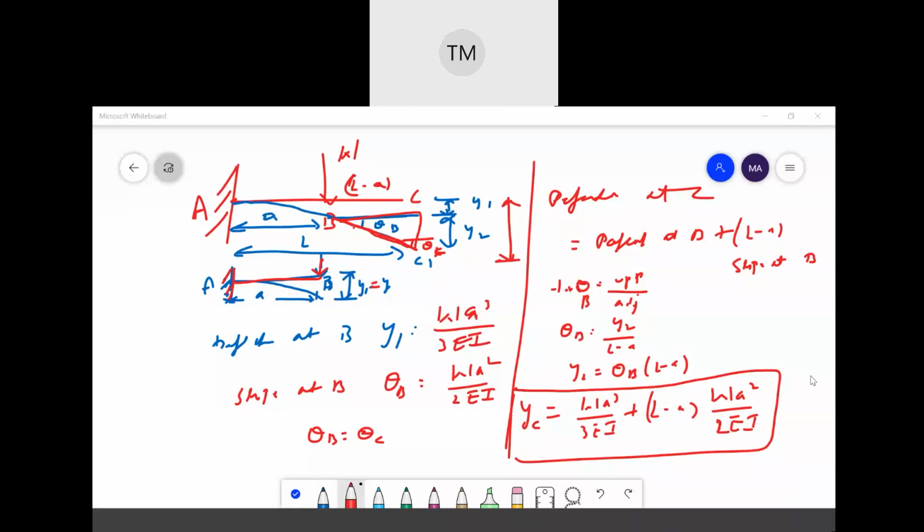Roll number 69. Roll number 70. 72. Am I audible? Is it clear?